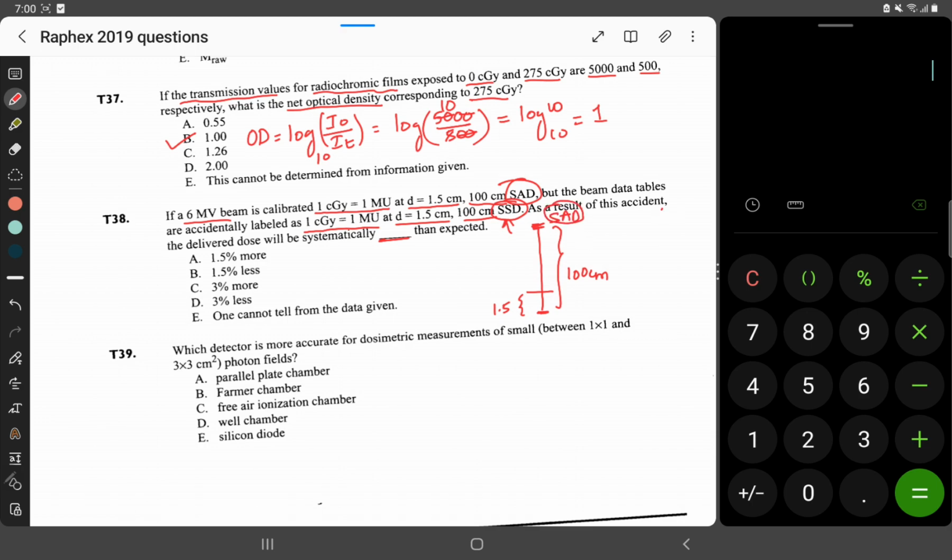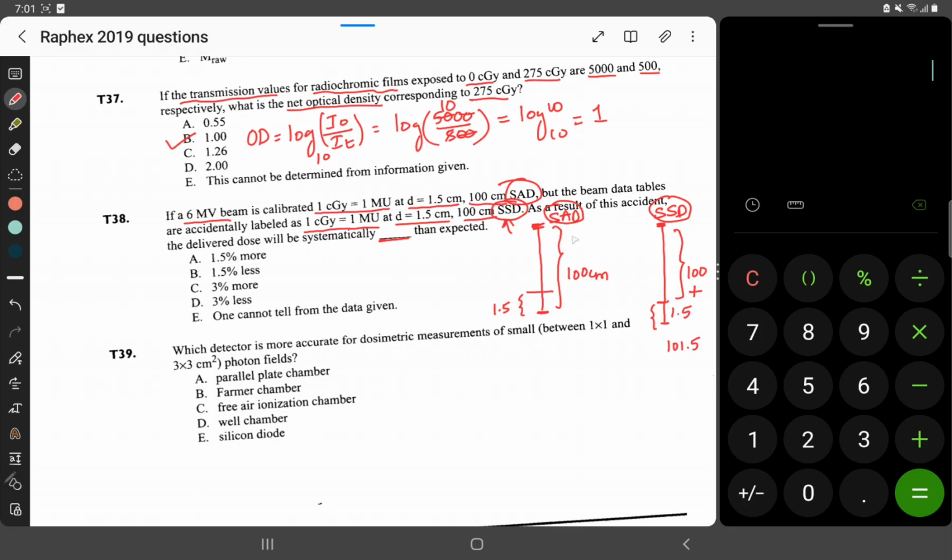Now if this has been wrongly calibrated as the SSD technique, this will be 100 and this will be 1.5 centimeters. This is the SSD technique at the depth of 1.5 centimeters. So the total distance over here is 100 plus 1.5, that will be 101.5 centimeters.